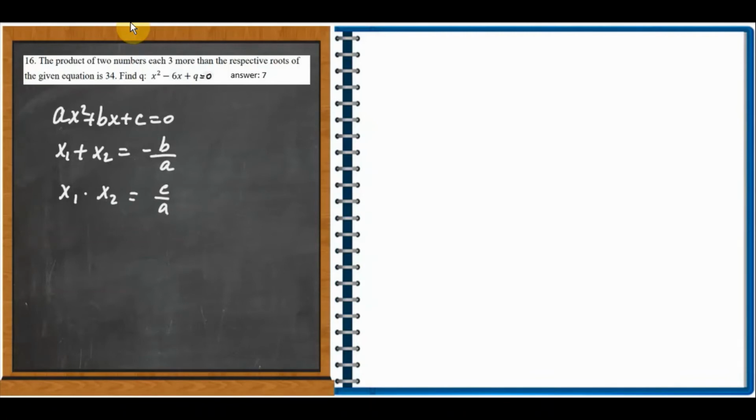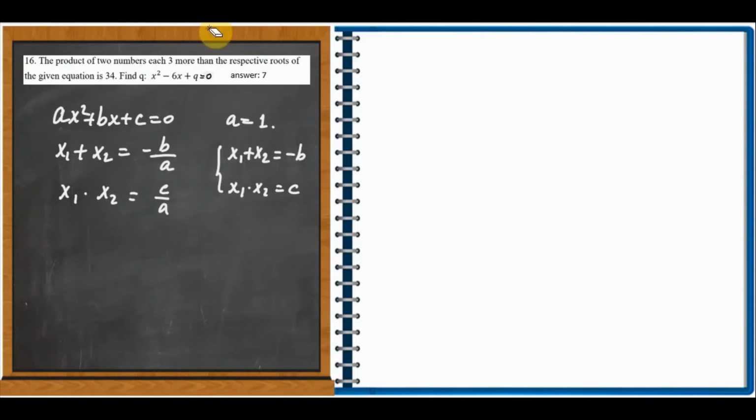When a is 1, it's more simple. x1 plus x2 equals negative b. x1 multiplied by x2 equals c. Since we have coefficient a equal to 1, we are just using this.